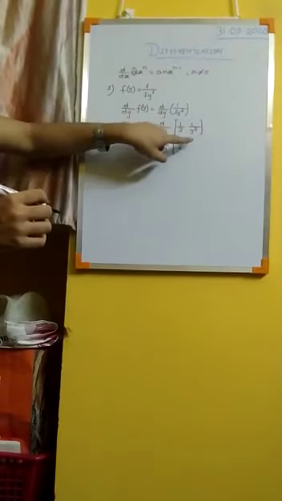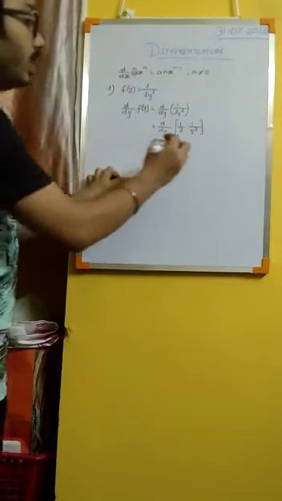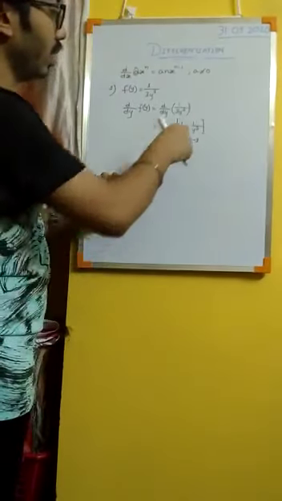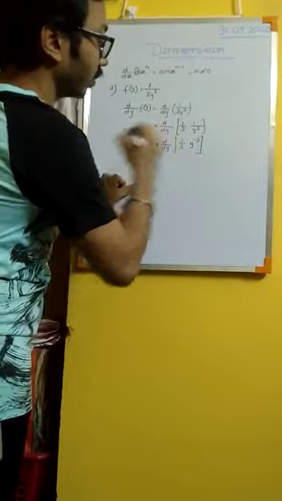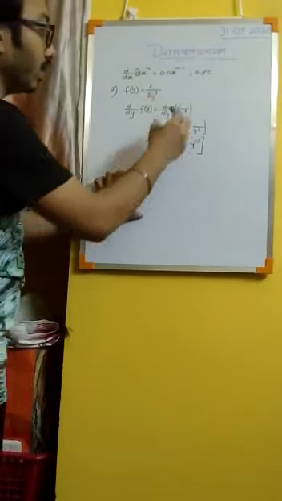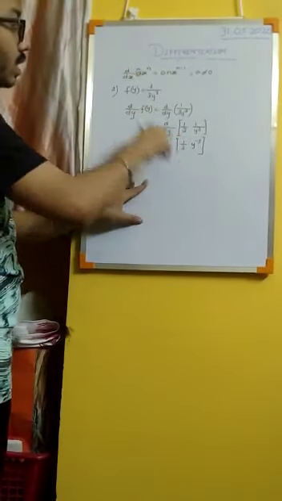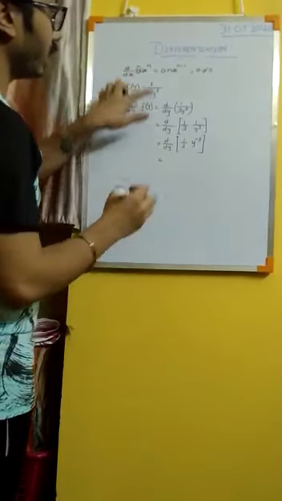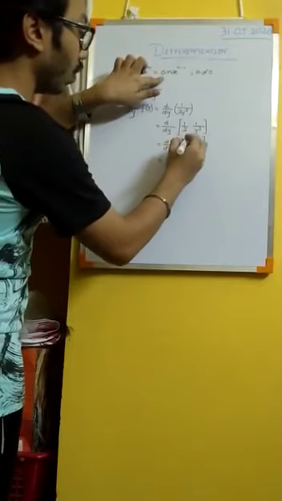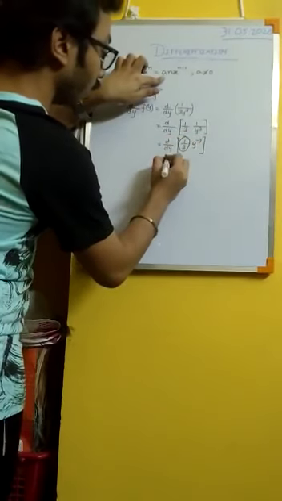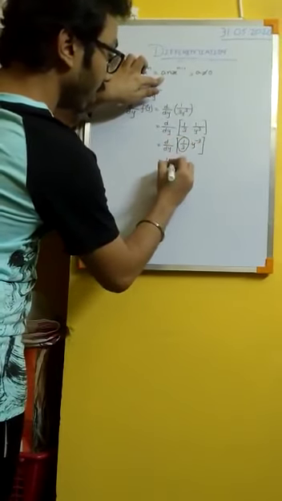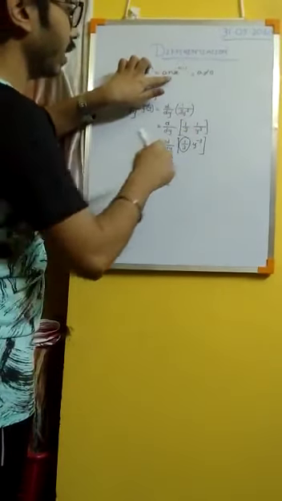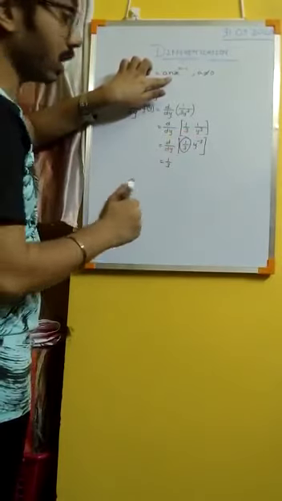To compare this with the formula, we can write y to the power minus 3. Now this can be compared. So a is 1 by 3, so 1 by 3 into y to the power minus 3, n is minus 3.